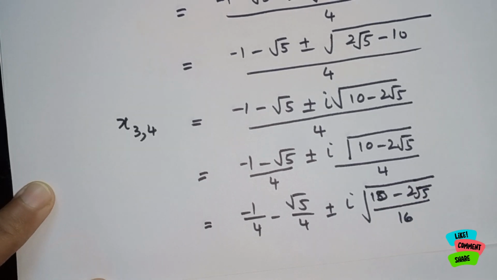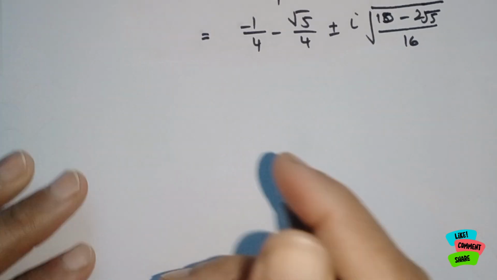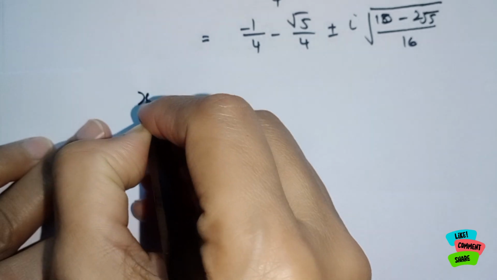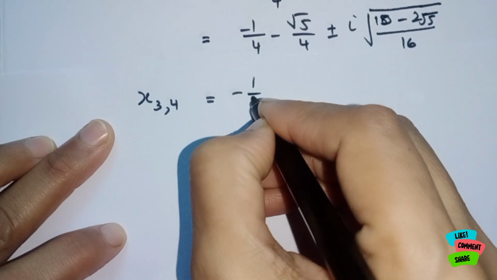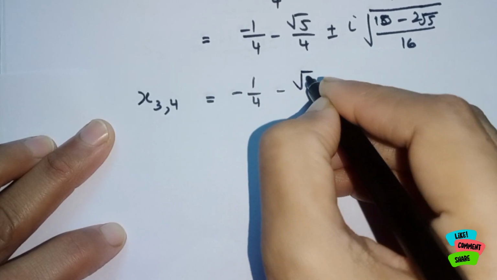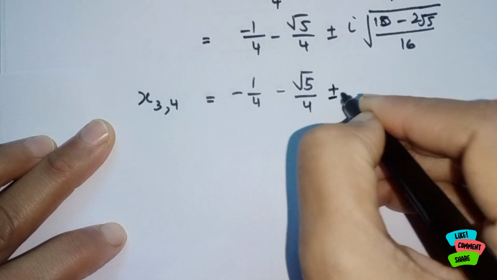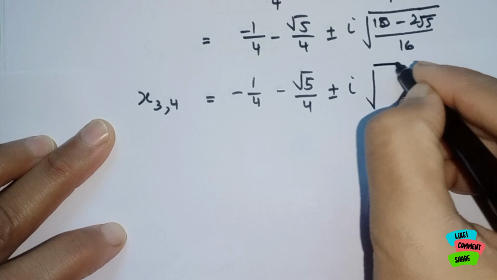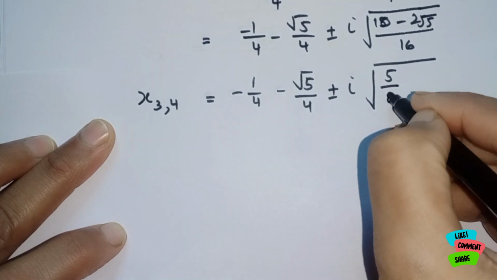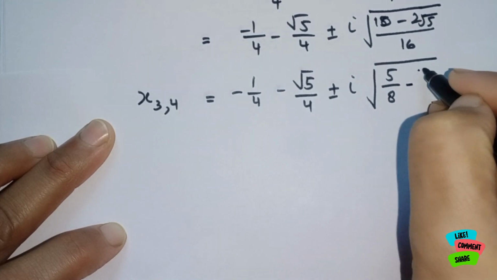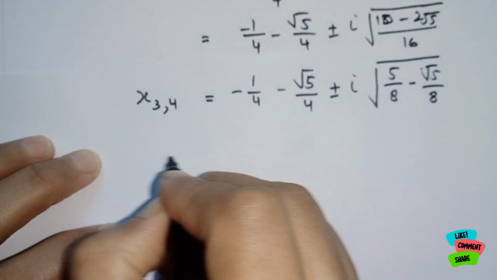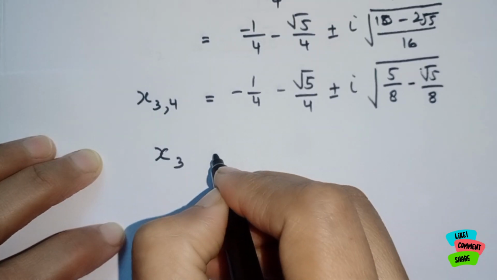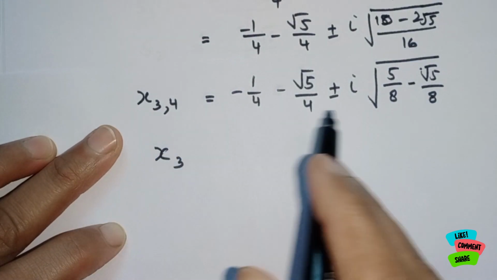So from here we will get our x third and 4: minus 1 over 4 minus square root 5 over 4 plus or minus i. Here we will get 5 over 8 and minus square root 5 over 8. So from here we get our x3 and x4.